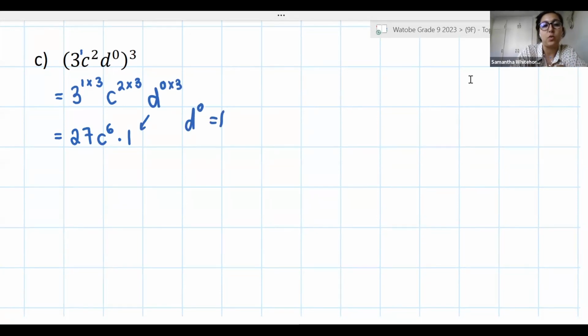Okay, so guys, like Eddie said, that D, because it's to the power of 0, anything to the power of 0 is 1. So that D actually has a value of 1. Now, 1 times 27c to the power 6 doesn't change anything. It still is 27c to the power 6. Just so that we're all clear, 27 came from this 3 to the power 1 times 3, because that's 3 cubed, and 3 cubed is 27.